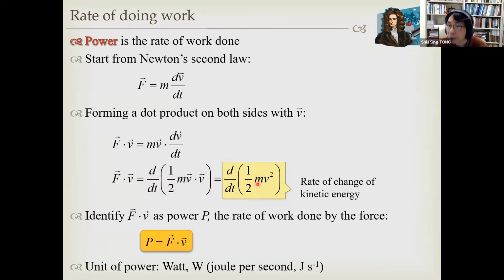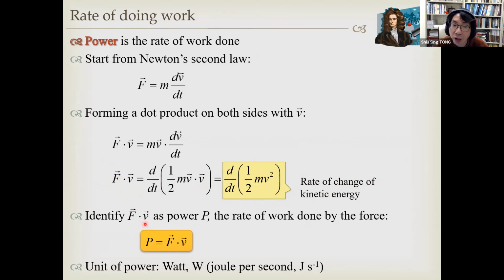But v dot v is v squared, and I identify this as the kinetic energy. So taking the derivative of the kinetic energy means I'm now calculating the rate of change of kinetic energy. If the right-hand side is equal to the rate of change of kinetic energy, that means the left-hand side is the rate of doing work, and that is power.